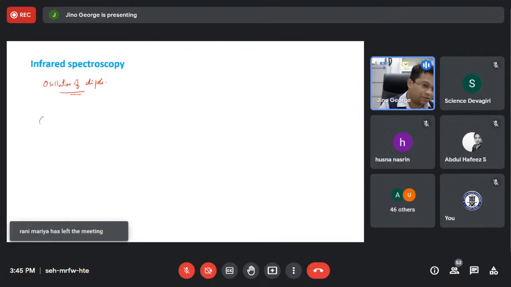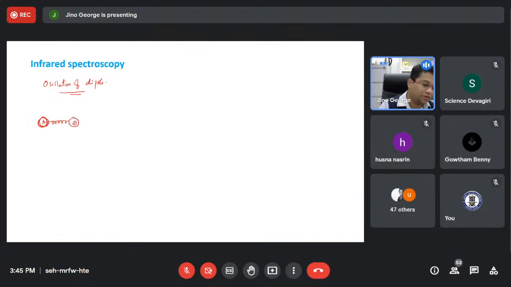So I have a ball connected by a spring to another ball, A and B. Now this A and B can move relative to each other, this creates an energy distribution, and this will cause a vibrational event to occur.